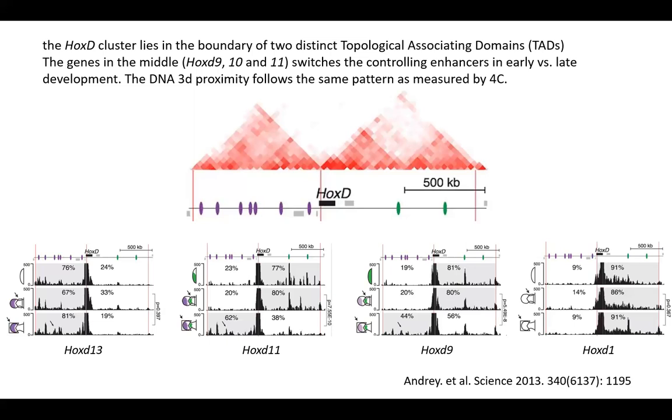So it shows that the contact of these middle genes initially happens with the domain that is active at that time. And as the domain gets suppressed and the alternative domain gets activated, the interaction now switches to the latter domain.